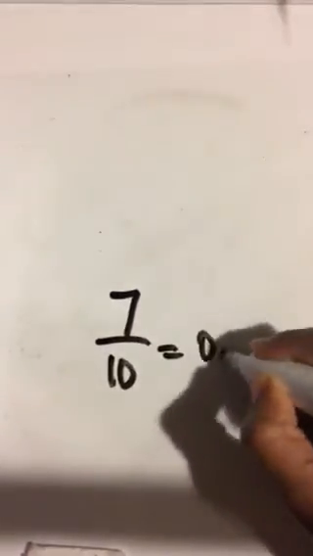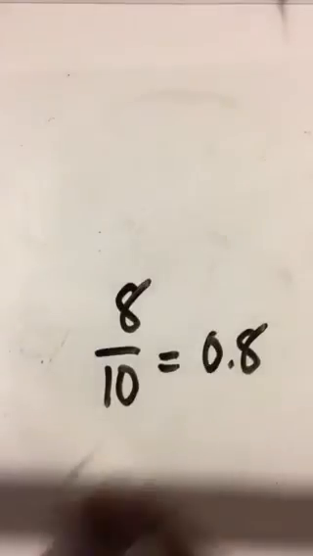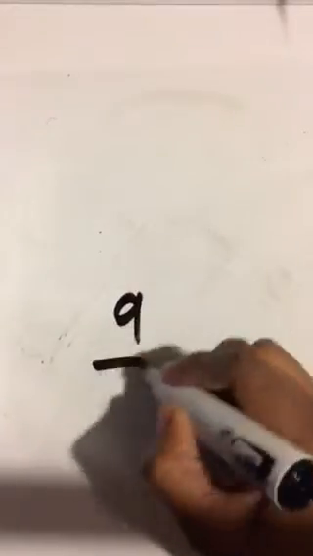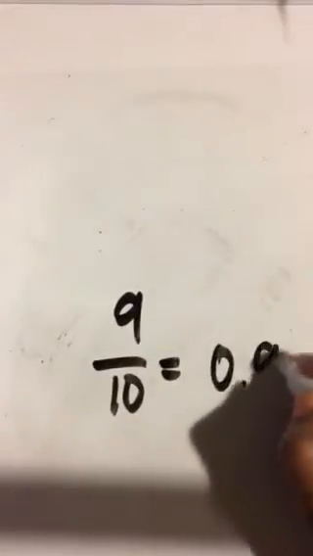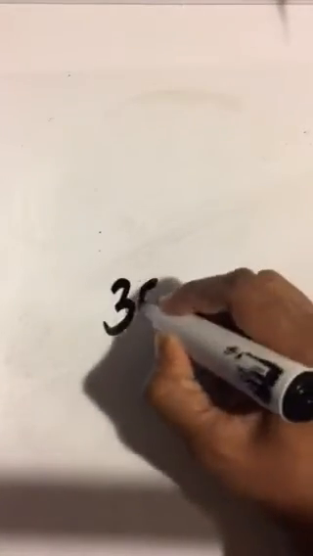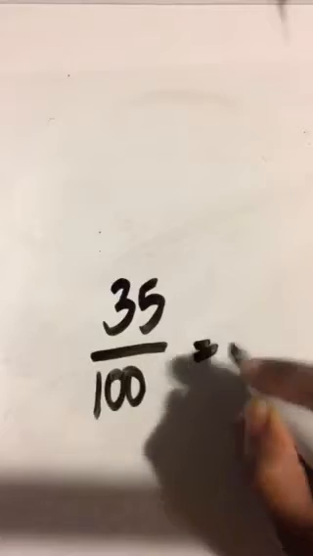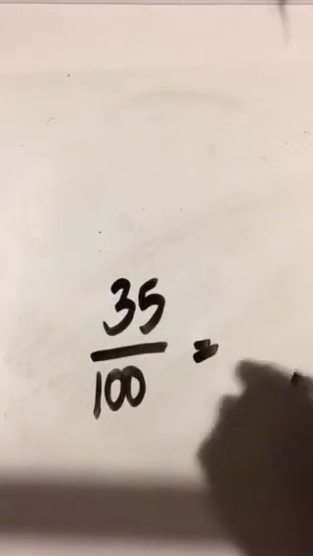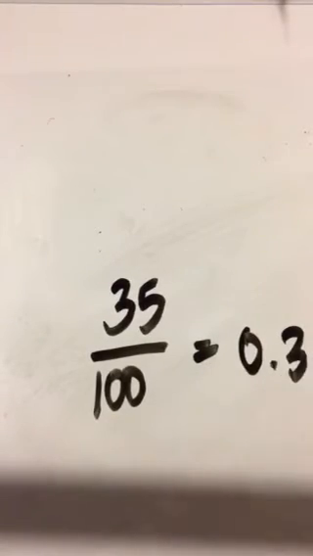For the tenths and the hundredths, you say the fraction, write the decimal. 7/10 equals 7/10. 8/10 equals 8/10. 9/10 equals 9/10. Let's say you have 35 hundredths. Because it's a hundredth, you say the fraction, you write the decimal, 35 hundredths.